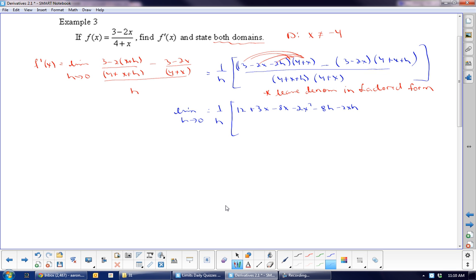So negative 3 times all of that, that'll be minus 12 minus 3x minus 3h, and I'm going to run out of room. Okay, and then I got to go plus 8x plus 2x squared plus 2xh.